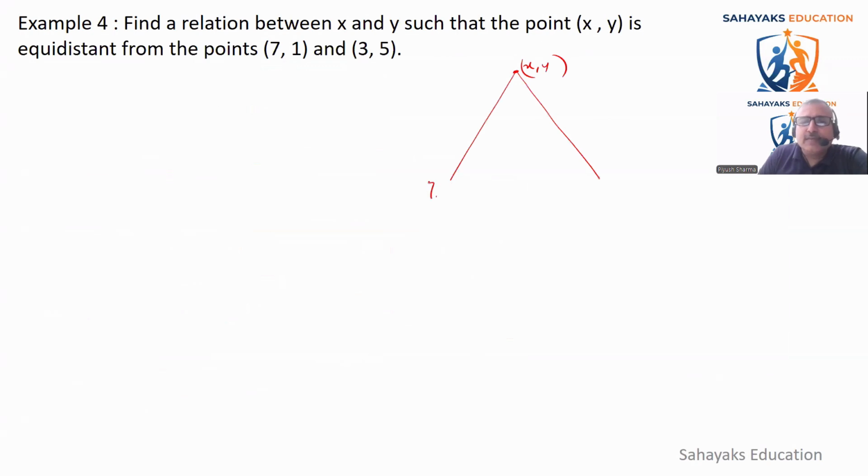So this is 7, 1 and 3, 5. So x, y should be equidistant. We have to find the distance between these points, calling them P, Q, R and X, so you have to find PQ and we have to find RQ.